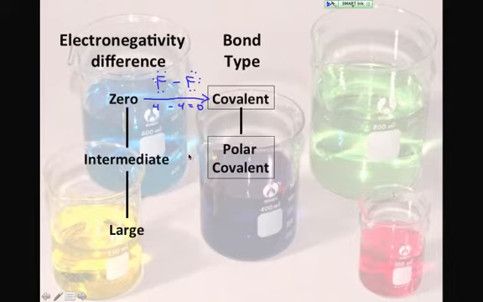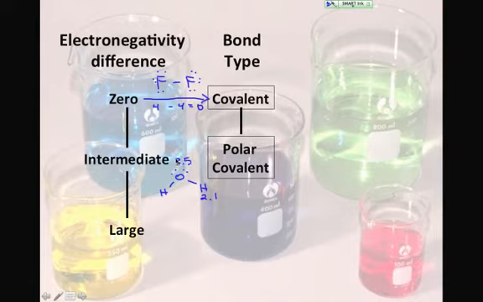An intermediate molecule would be considered polar covalent, and our classic example of polar covalent molecules would be water, where you have oxygen bonded to hydrogen. Hydrogen has an electronegativity value of 2.1.